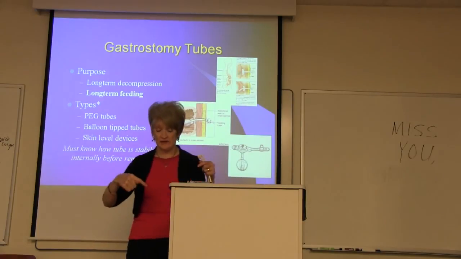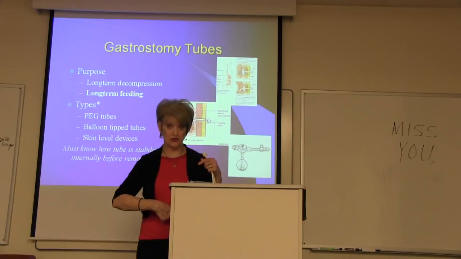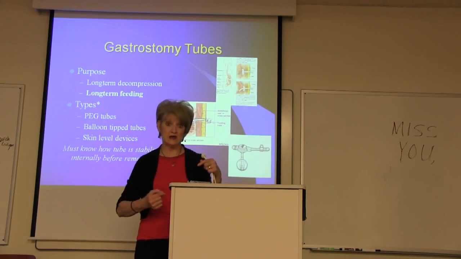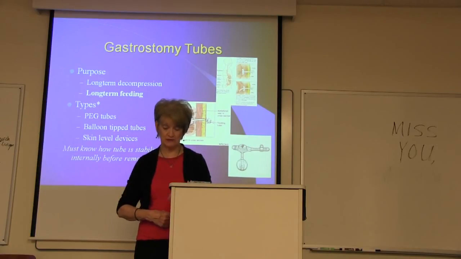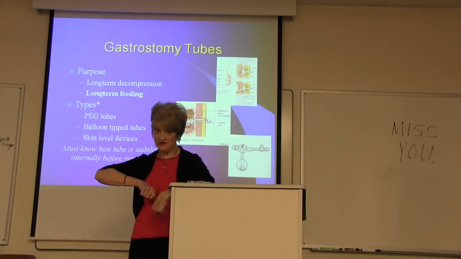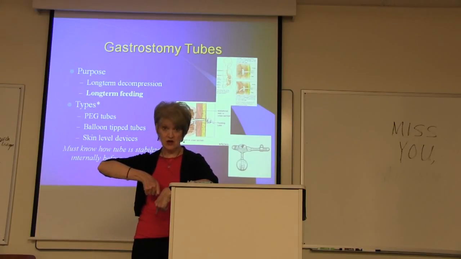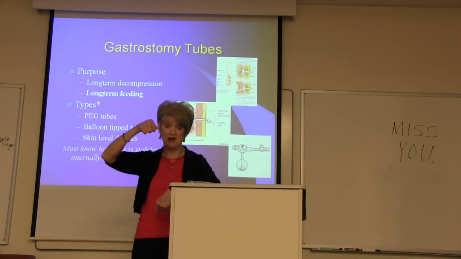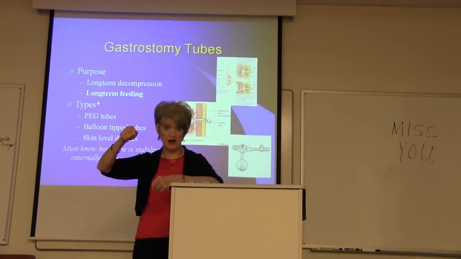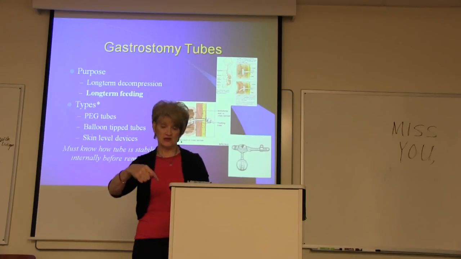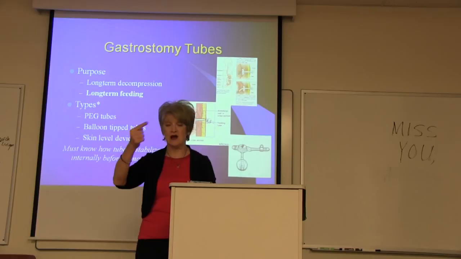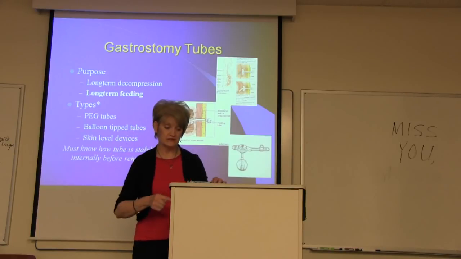So now you have access into the stomach through this steel trocar, and a thread or wire passed through the trocar. The endoscopist uses the snare on the scope, grabs the wire or the thread, and pulls it out. So now you have this very long wire or thread that starts on the outside of the abdominal wall, goes up the esophagus and out the mouth.